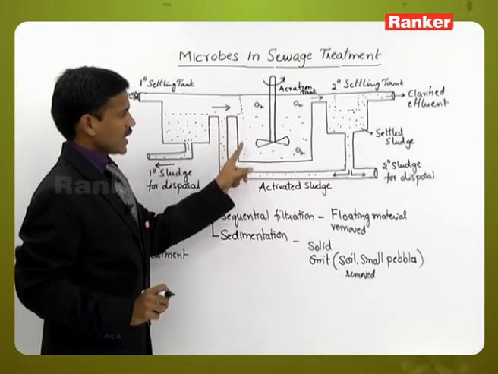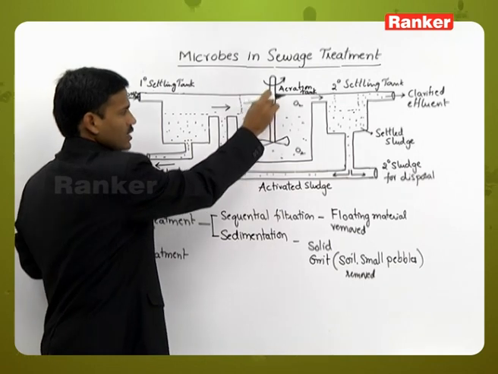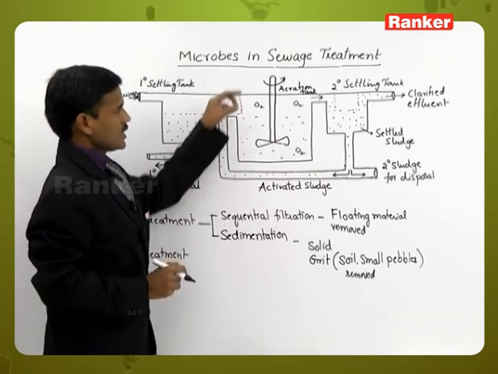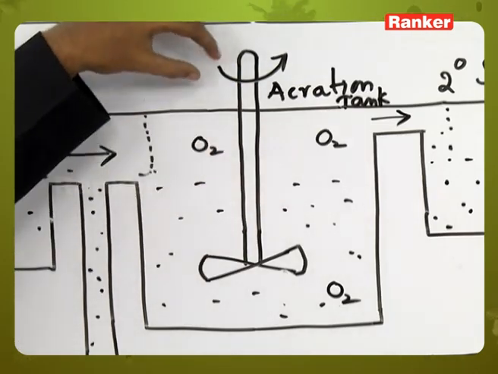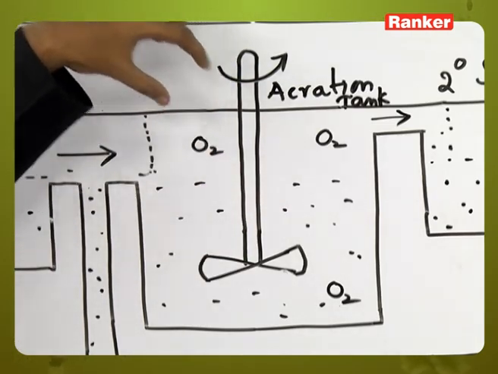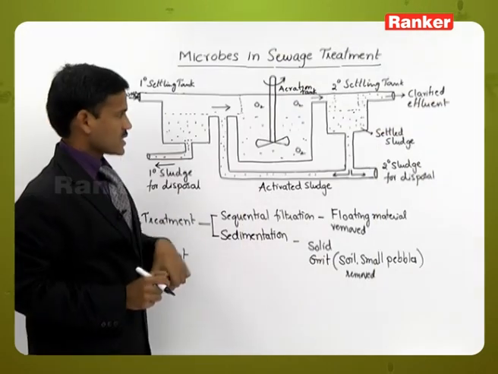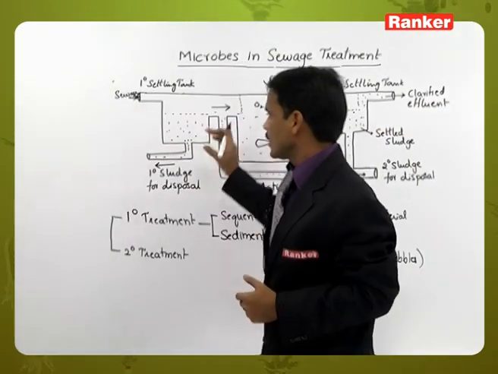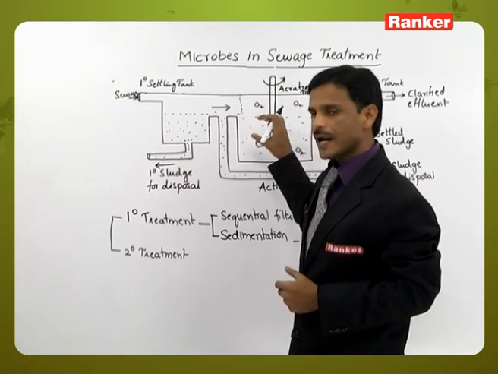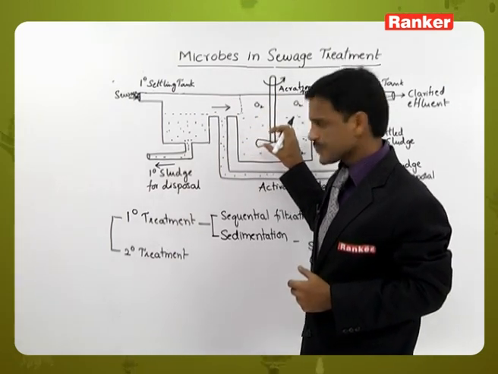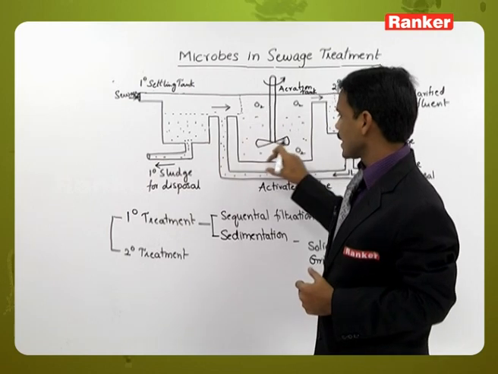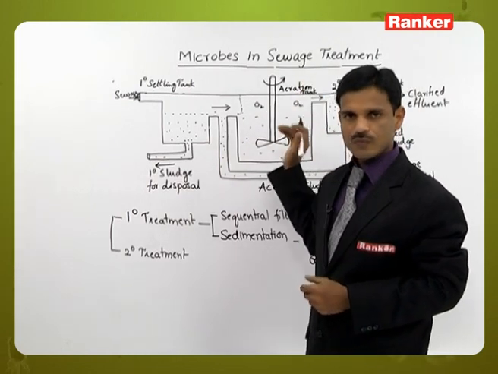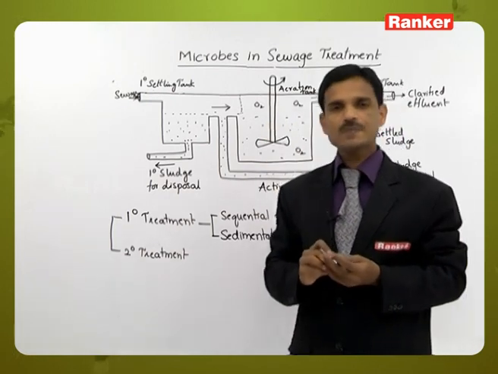In the aeration tank, air is pumped continuously. The primary effluent containing organic material and pathogenic microbes is collected in the aeration tank. Why is air pumped? Oxygen is pumped.